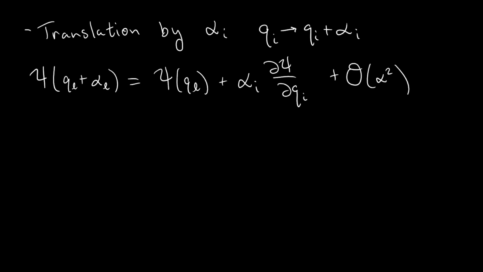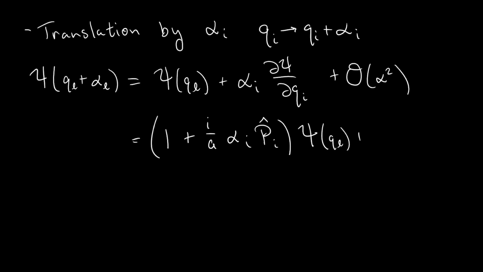But now I can rewrite this in terms of operators, right? We're trying to get everything in terms of operator notation. So let's go ahead and rewrite this in this fancy way: alpha i p hat i acting on psi of q sub l, plus order alpha squared terms.